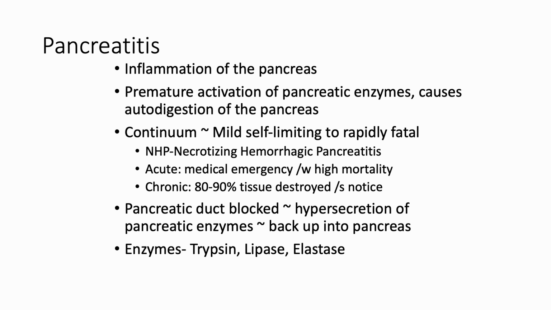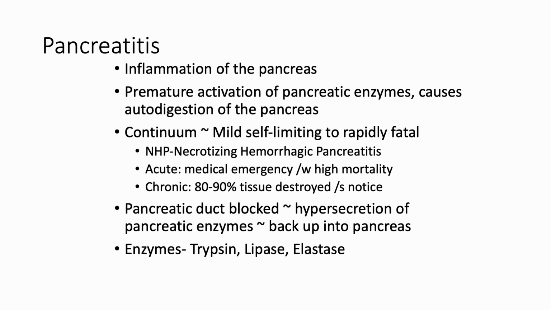NHP, necrotizing hemorrhagic pancreatitis. This is a diffuse bleeding into the pancreatic tissue. It can be rapidly fatal, so these patients are typically in an ICU. There's acute pancreatitis and also chronic pancreatitis, where over time the pancreatic tissue becomes destroyed.